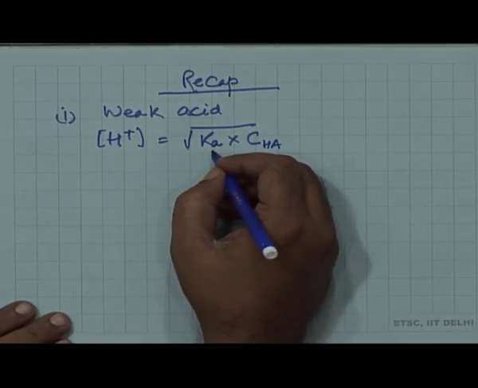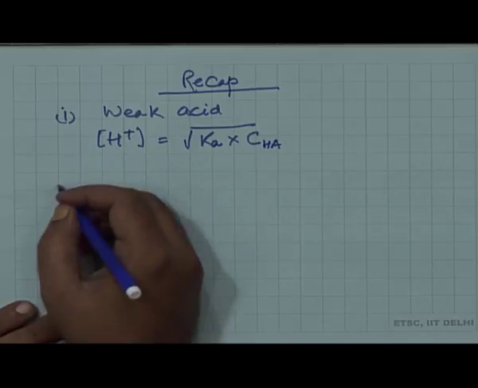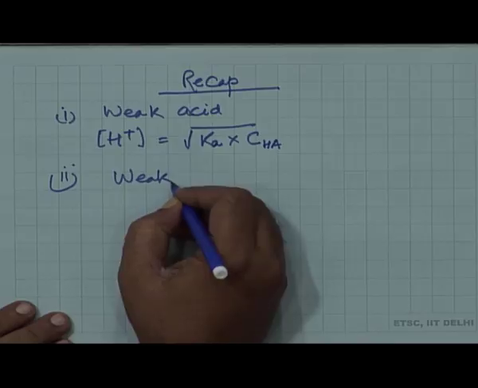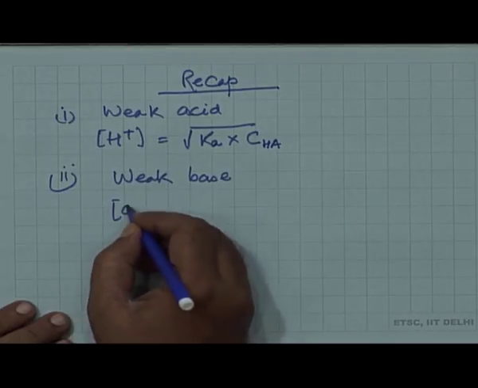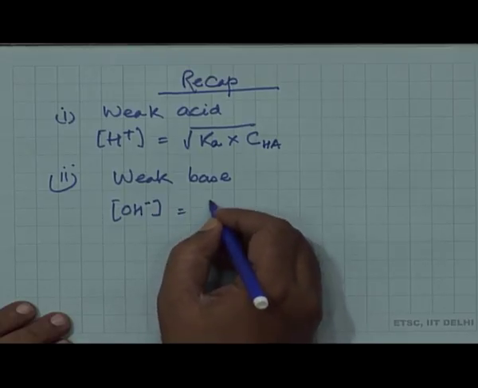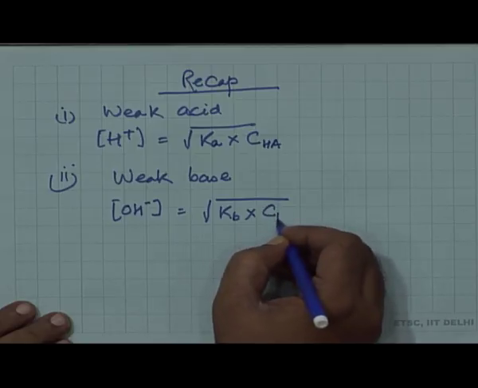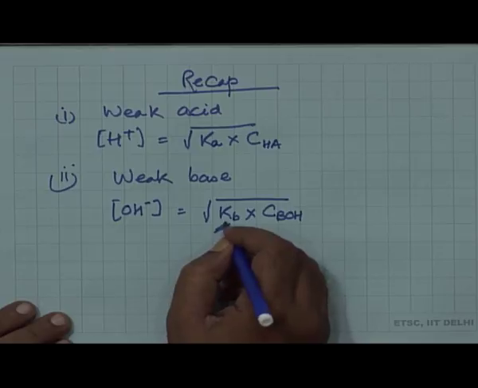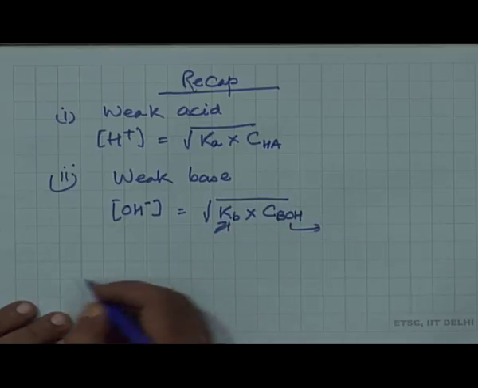Ka is the acid dissociation constant and this is the concentration of acid. For weak base, we have OH minus ion equal to root under Kb into C of BOH. Again, this is the base dissociation constant and this is the concentration of weak base.